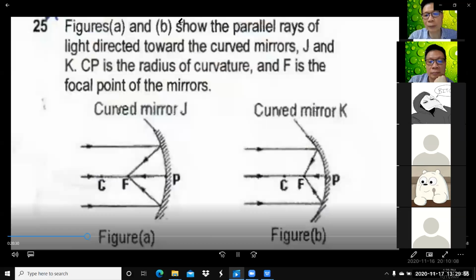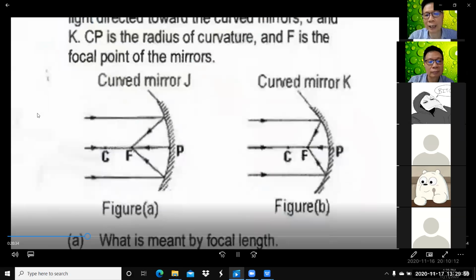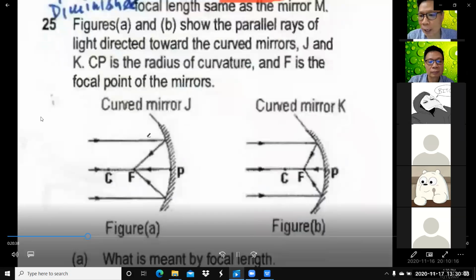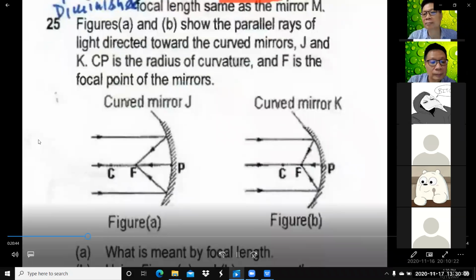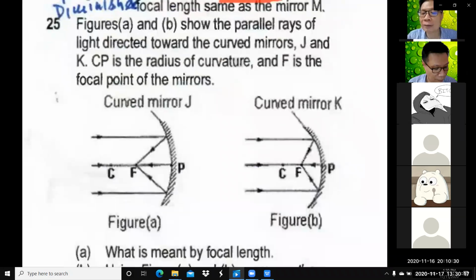And now the first question. What is meant by focal length? Write on your foolscap paper. Can Leong, since you have the paper, can you answer? I'll give you a tip.